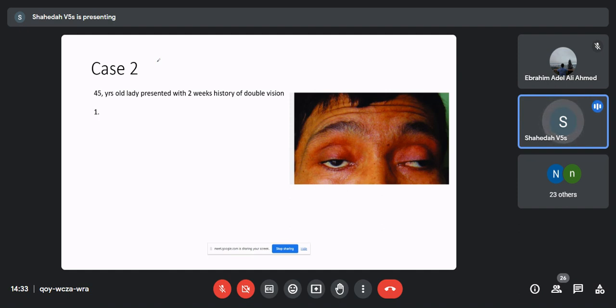So Putri, can you describe the finding on the photo? There's incomplete closure of the eyes. What do you call that? Bilateral ptosis.